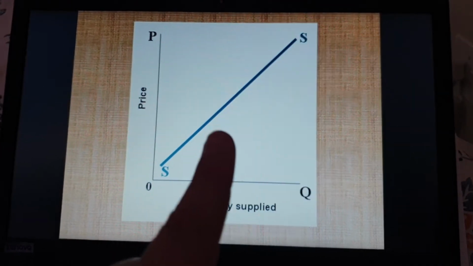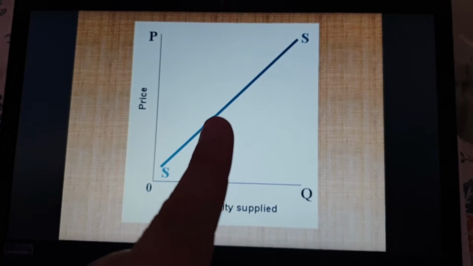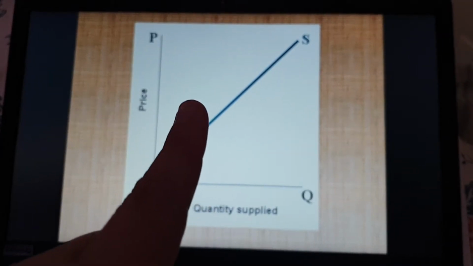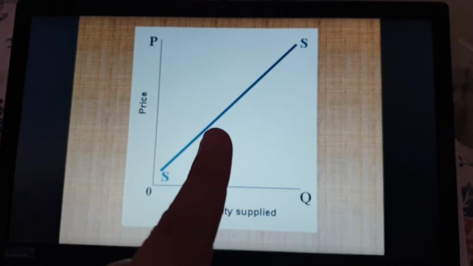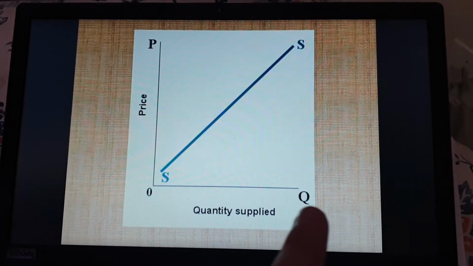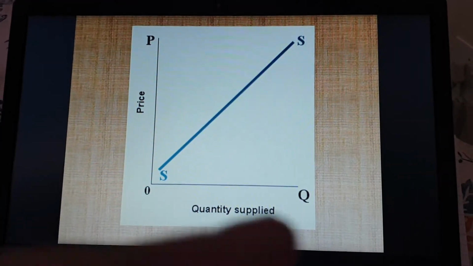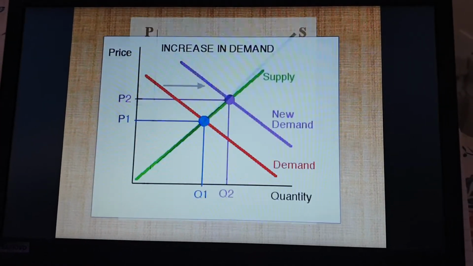Whenever the supply decreases, my supply curve will shift to the left. Whenever there's an increase in the quantity supplied, the supply curve will shift down and to the right hand side. I did an example on that as well, so I'll show you now how it works.